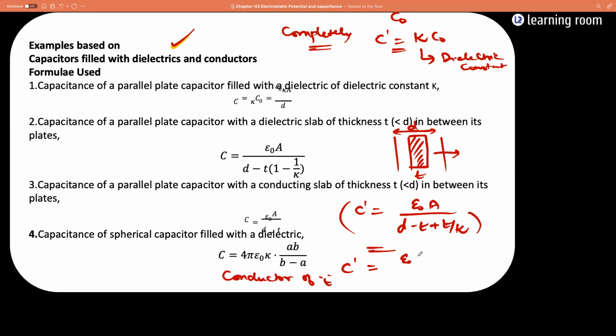It will be epsilon naught A divided by D minus T. Because what is the dielectric constant of a conductor? Infinite. Yes, it is not defined because it's not a dielectric material, it's a conducting material.